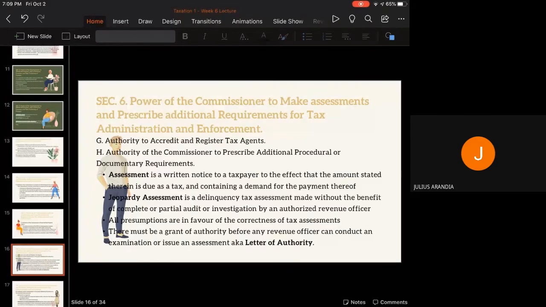When we speak of assessment, that is the written notice to a taxpayer to the effect that the amount stated therein is due as a tax and containing a demand for the payment thereof.